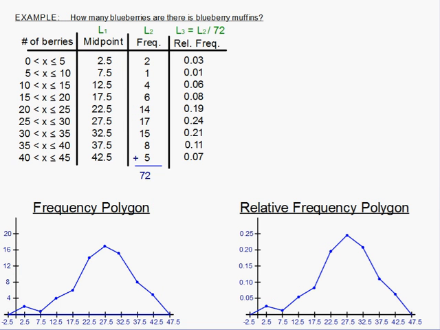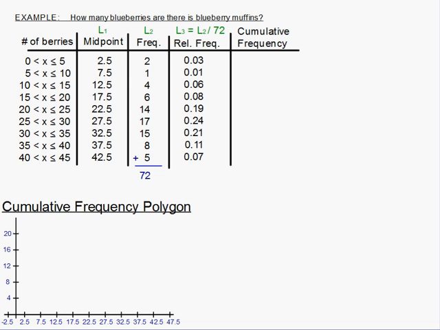Now, the next variation on this theme is cumulative frequencies. This is a little tricky. Technically, a cumulative frequency graph is not a polygon because it doesn't go down to 0, but we usually call them polygons.